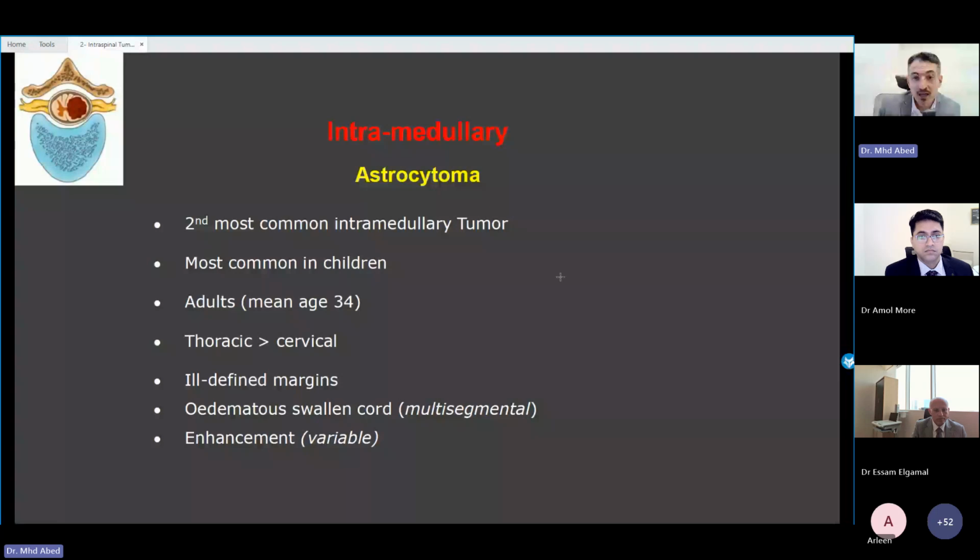It has ill-defined margins compared to the ependymoma. The ependymoma is well marginated, while the astrocytoma is ill-defined. It will cause swelling of the spinal cord. It extends along multiple segments of the spinal cord, and the enhancement is not always very obvious, like in ependymoma.